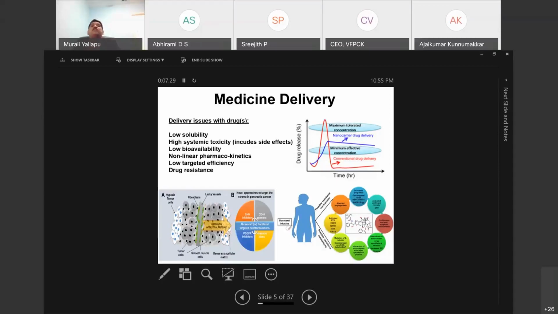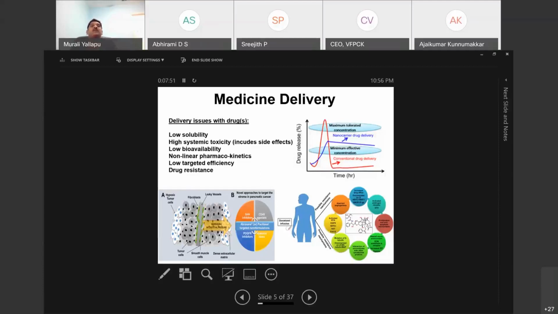Even if you use a good delivery vehicle, you often see low targeted delivery of those therapeutic agents at the tumor sites. And apart from that, you might also see drug resistance issues when you keep administering the same drug again and again.